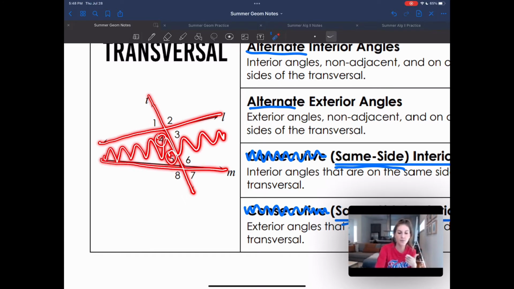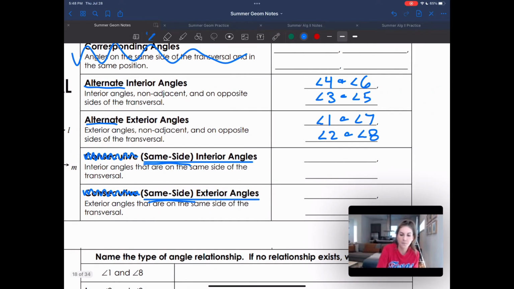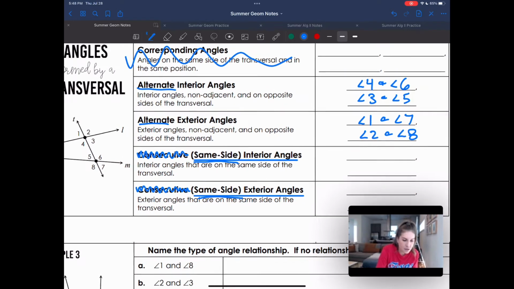So 4 and 5 would be an example of same side interior. And if you can tell, the other one's right next to it. It's going to be angles 3 and 6. Okay, so 4 and 5, and 3 and 6 would be our same side interior angles.